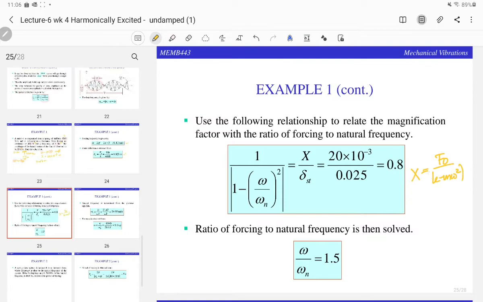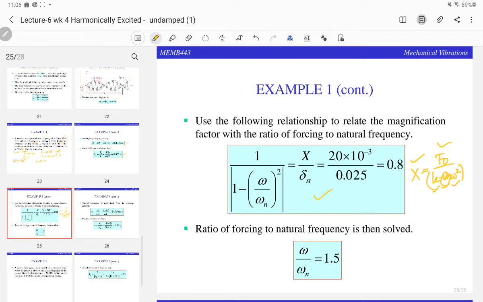You can use this one because you have F naught, you have X, you have k, you have omega, but you do not have m. So you can solve for your m, or you can use this other formula.